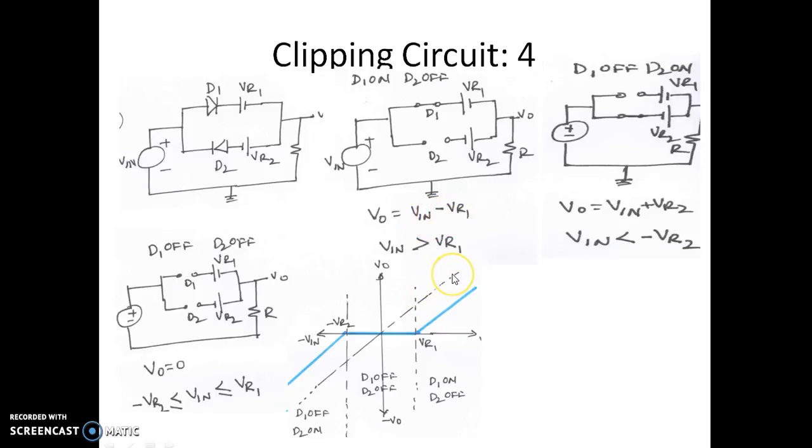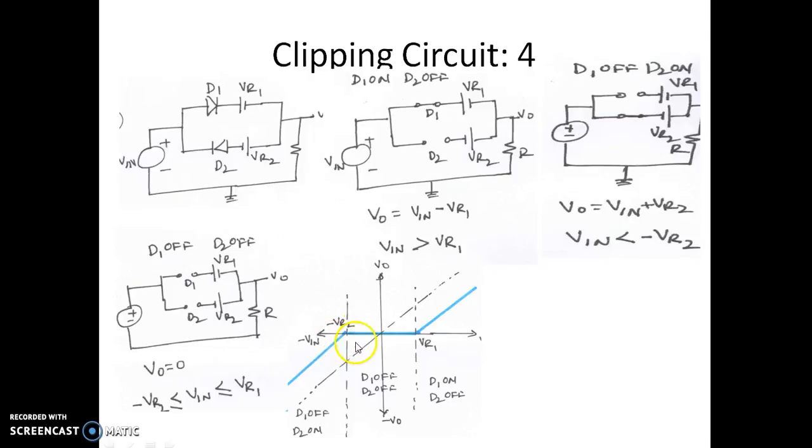So that is very evident here. This dotted line corresponds to input voltage. This solid blue line is the output voltage. As you can see now, the output is less than the input by VR1. So this difference is VR1. When the input voltage is negative and more negative than minus VR2, D2 is on, which ensures the output voltage is more than the input voltage by VR2.